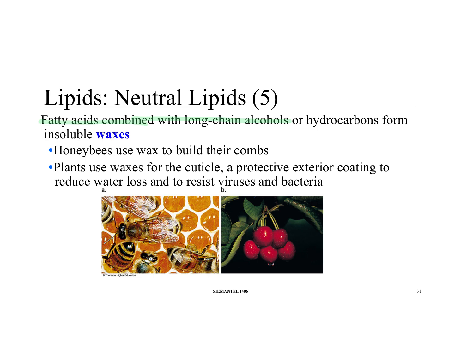Or they can also be combined with hydrocarbons, and they form insoluble wax. So think beeswax. Or if you are a plant enthusiast, maybe you've seen those plants where the tops of their leaves are very shiny. Well, that shiny coating is called a cuticle, and it's based in wax. It's a wax-based material. So honeybees, as you know, use wax to build their combs.